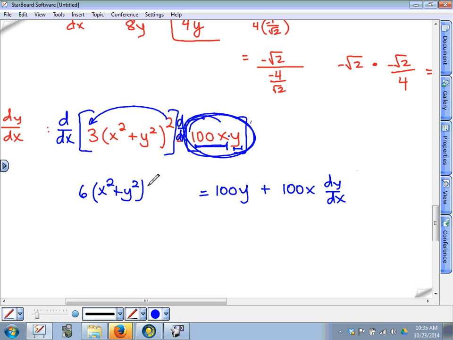But now we need to multiply that by the derivative of the inner function with respect to x. So that's going to be 2x plus 2y dy dx. Yeah, I guess double chain rule.